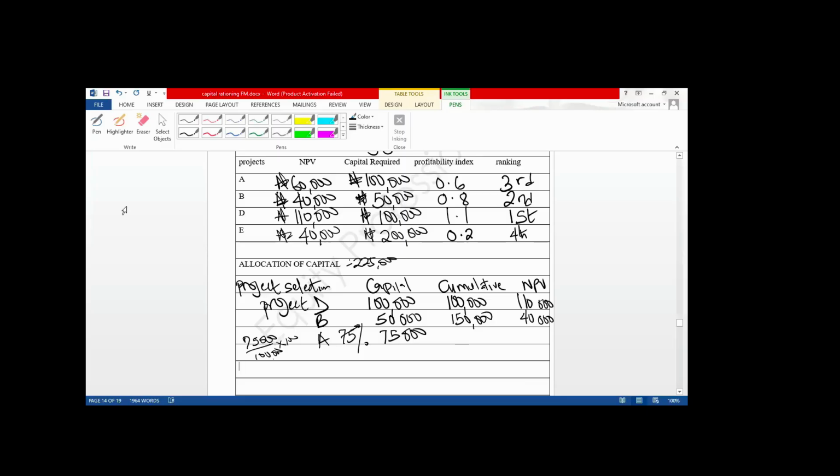Cumulative capital, 75 plus 150, 225,000. Now, NPV of project A is 60,000.